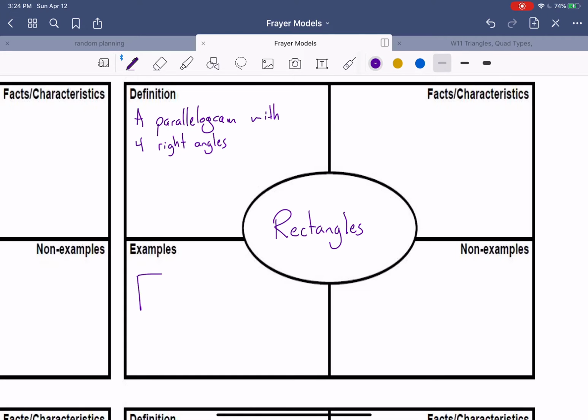So a rectangle we usually draw like this. And we usually just draw those right angle symbols in there. We don't have to draw the parallel symbols anymore. But some rectangles have all sides that are the same, and that might look like another shape. Some non-examples: just because it's a parallelogram doesn't mean it's going to be a rectangle. We must see those right angles.